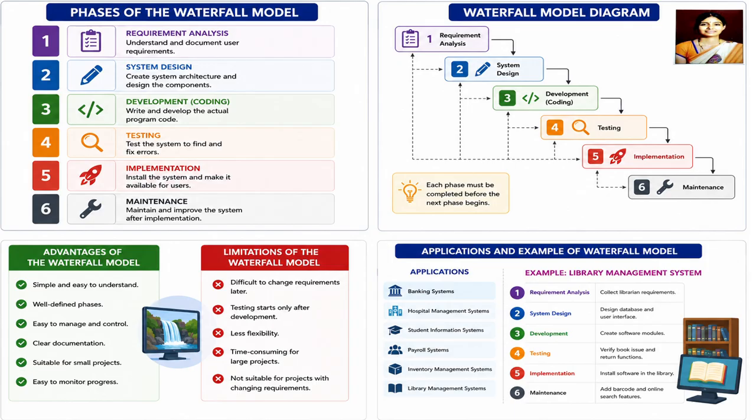Then the user can start using the system in a real environment. That is called deployment or implementation. Once the software is deployed, the only thing left is maintenance. After implementation, errors may be discovered, so the system is corrected, updated, and improved according to the requirements.